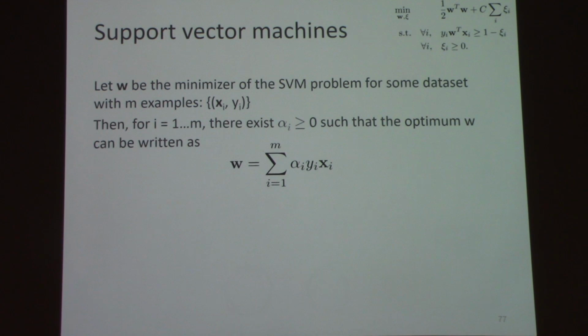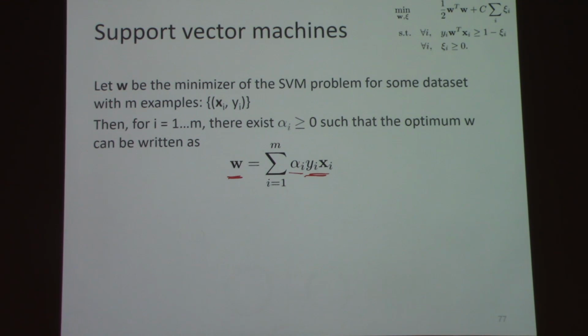And what is interesting is that the W that optimizes the SVM problem is simply a linear combination of the yi times xi. The weight vector is just a linear combination of the input points. A linear combination how? Every point is scaled by alpha.